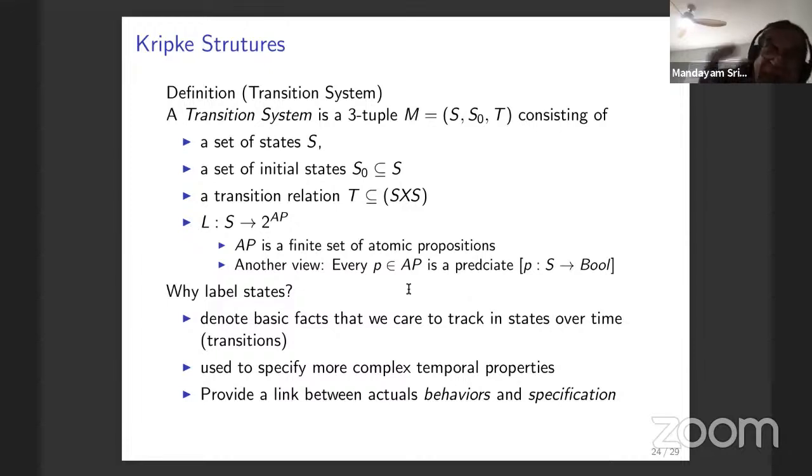By making these things finite, you get the ability to abstract away things for those particular properties. And as we will see, it will also provide a link between the actual behaviors and specification.